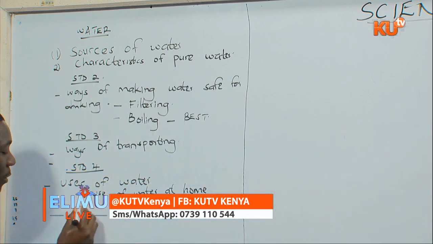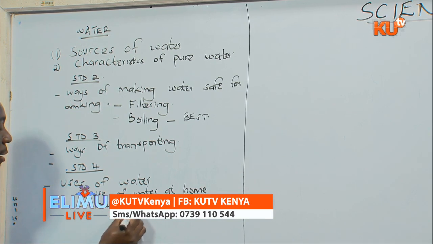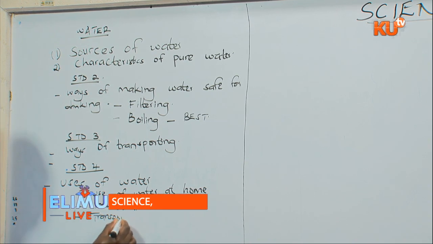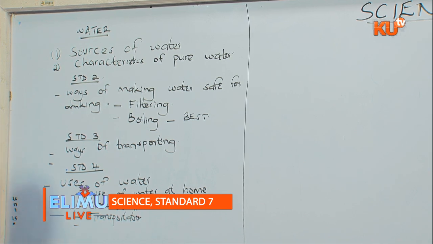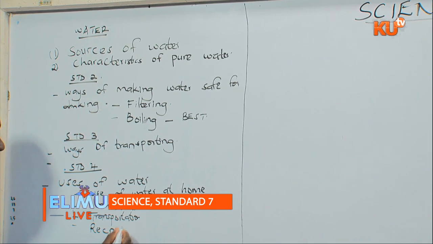We have got another use of water in industry, industrial uses of water. We have got transportation use of water. We have got also recreational use of water, which I mentioned earlier.